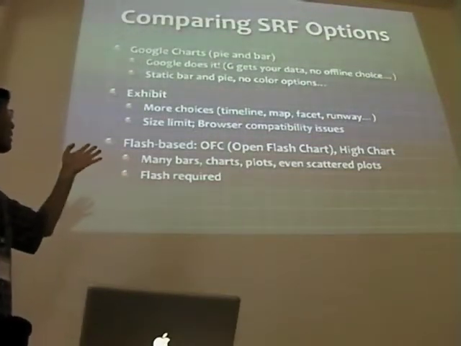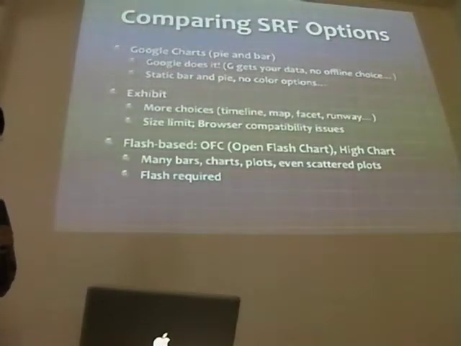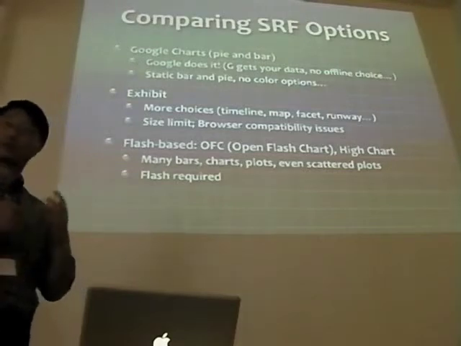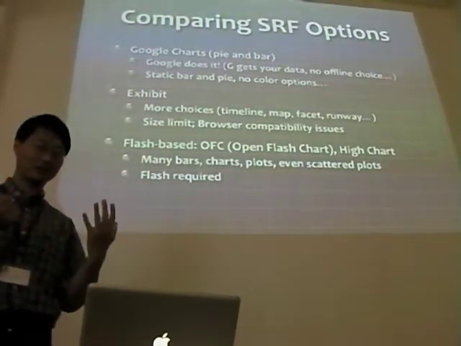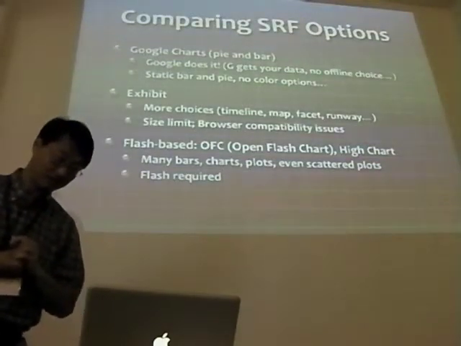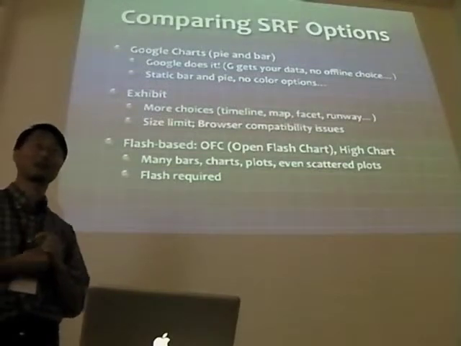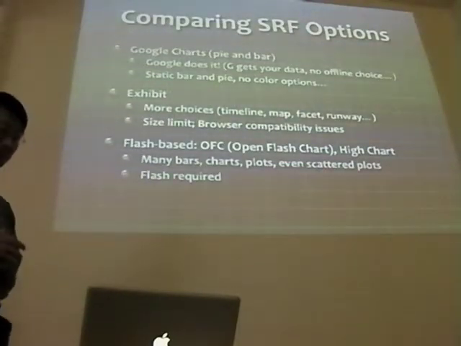So if you want to compare all the extensions, we have Google Charts as very basic ones, pie chart, bar chart, but somehow it's static. Actually, Google has this Ajax stuff, which for some reason is not in the Google Charts extension. Exhibit is really cool, but it's limited by the size of the data and has some browser compatibility issues.